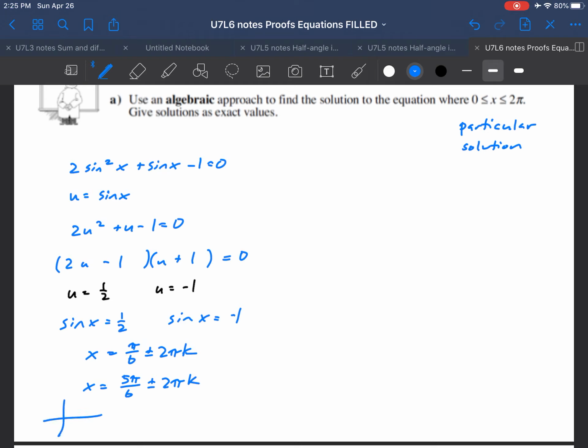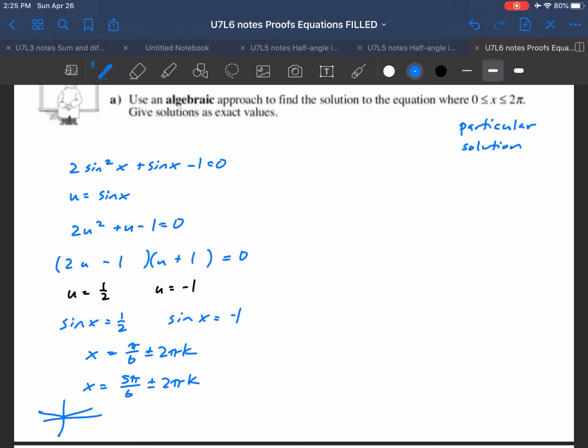All right, so visually, there's pi over 6. There's 5 pi over 6. And at both of these angles, the sine is a half, right? This is like 30 degrees, the sine of that triangle. We're going up a half over 1, up a half over 1. Okay? And the plus or minus 2 pi k is to capture all the answers. So this is actually a general solution. I'll modify that to get the particular solution later.